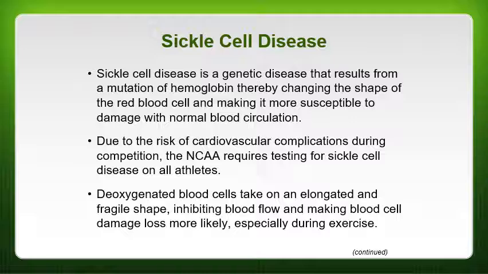However, they can suffer from what's called exertional sickling, whereby in very high intensity activities, individuals with sickle cell trait could have the same issues related to the sickling as someone who has sickle cell anemia.